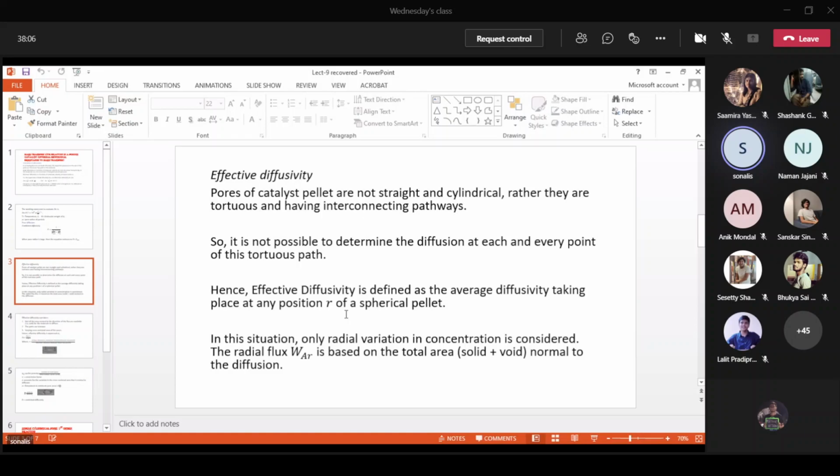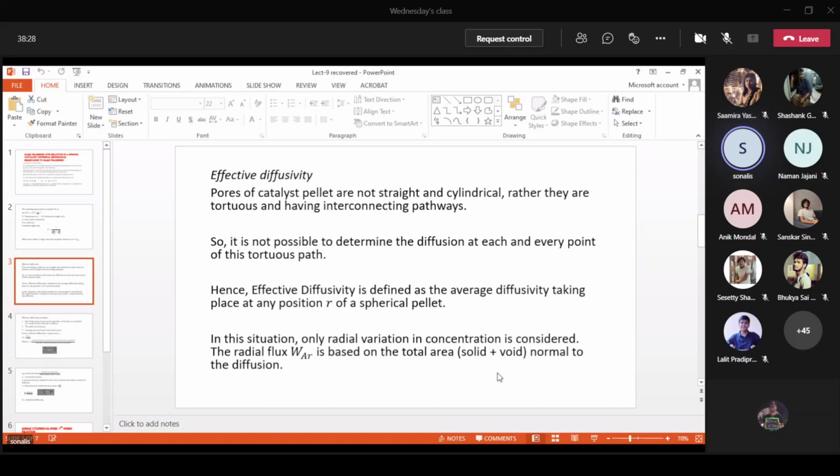In this situation, only radial variation in concentration is considered. To make it simpler, we consider only the radial variation in concentration, because whenever the reactant molecules enter these different kinds of pores, we don't consider the variation in concentration in every direction.